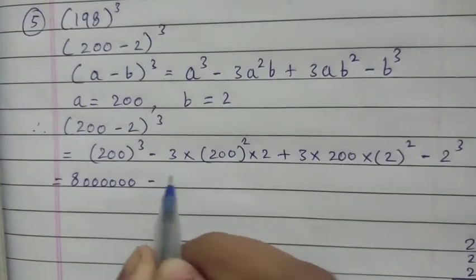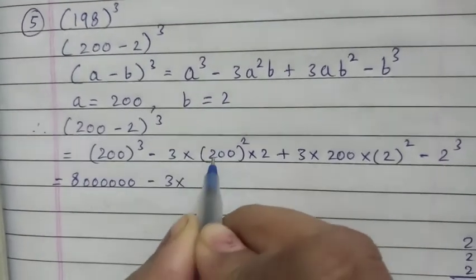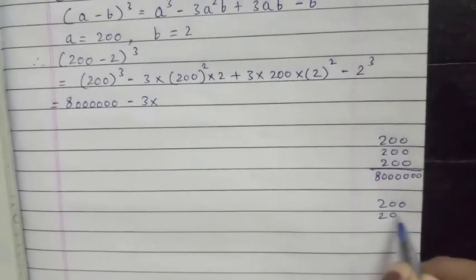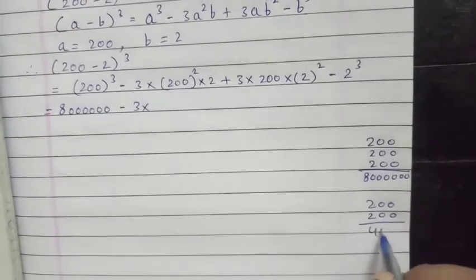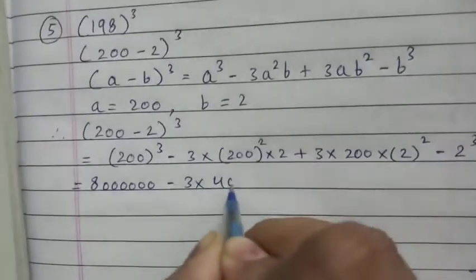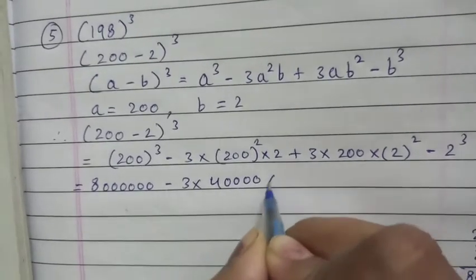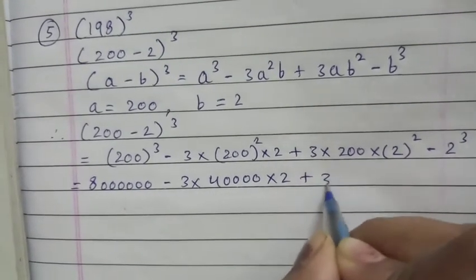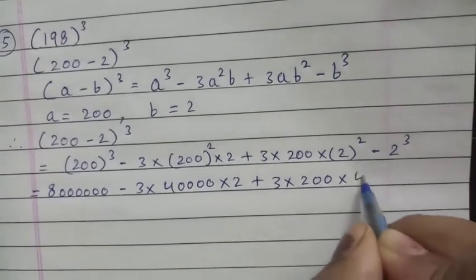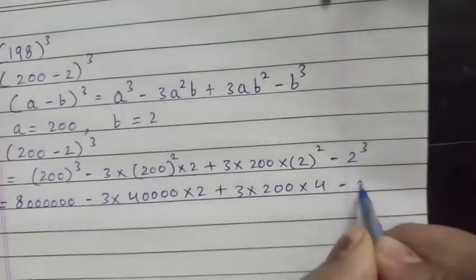Now minus 3 into 200 square, that is 200 into 200. So 2 2s are 4 and 4 zeros at the back. So 4 and 4 zeros at the back, into 2, plus 3 into 200 into 2 square, which is 4, minus 2 cube, which is 8.